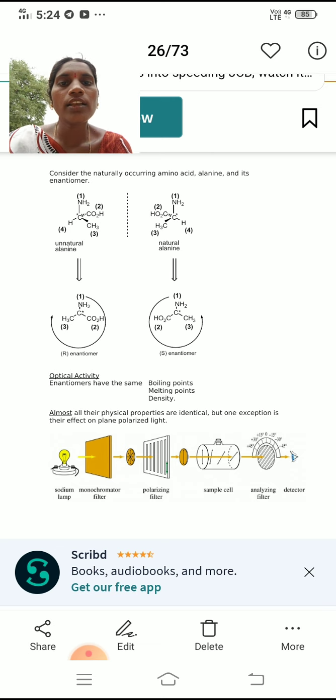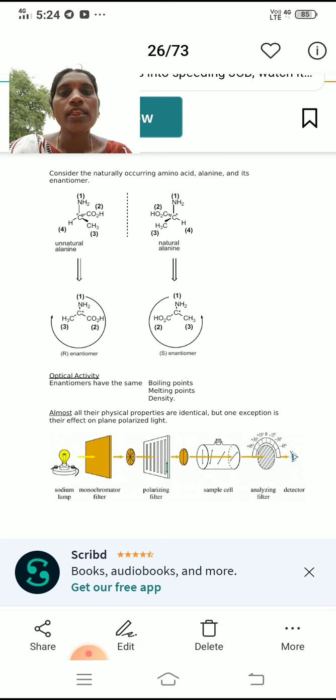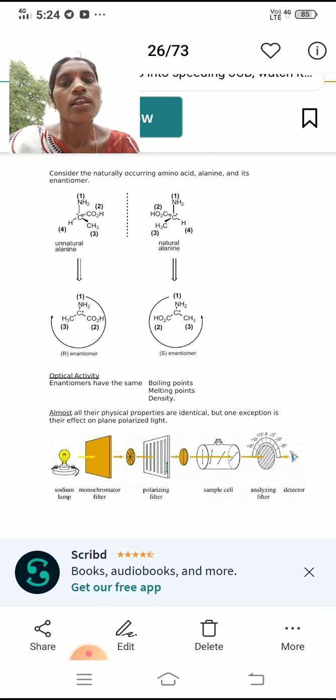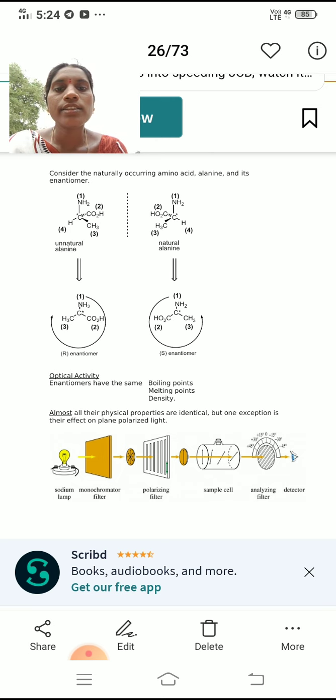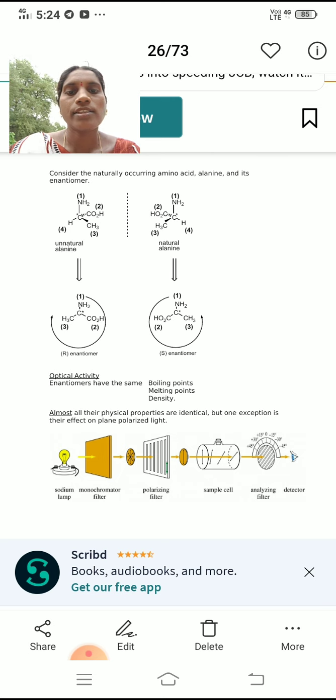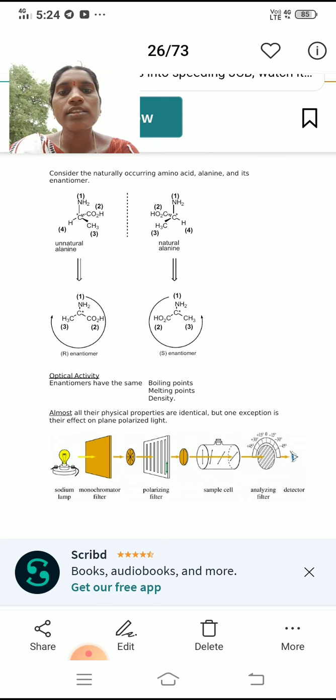In L-alanine, the 1, 2, 3 priority groups rotate in an anti-clockwise direction, so the configuration is given as S. So this is about R and S configurations.